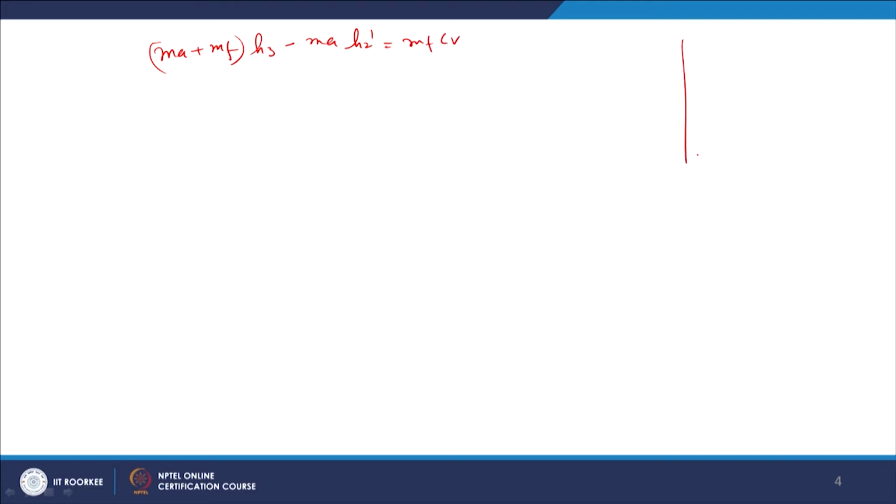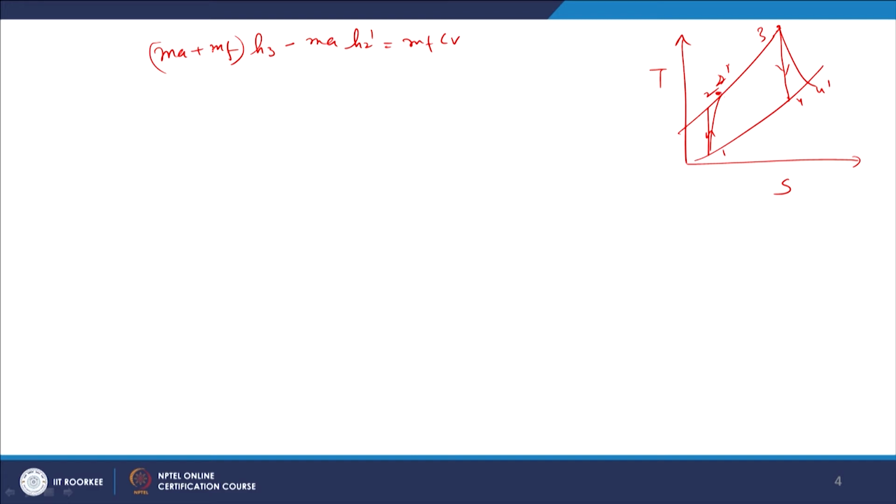Again, if we draw the temperature-entropy diagram, the mass of the air and the mass of the fuel burnt here are available at 3. The mass of the air is available here, and in this process fuel is also added.